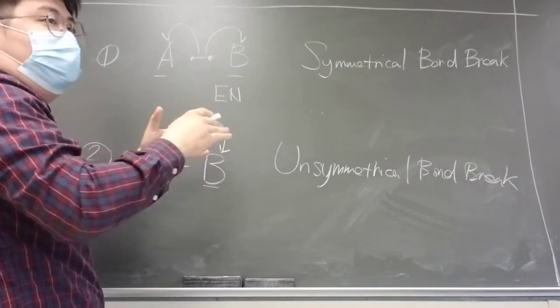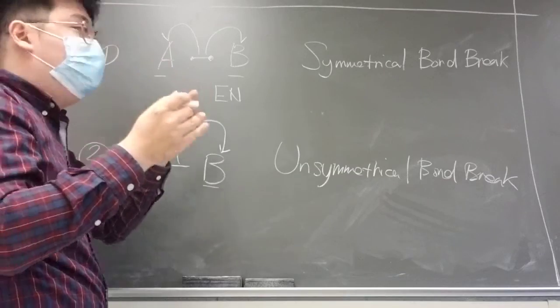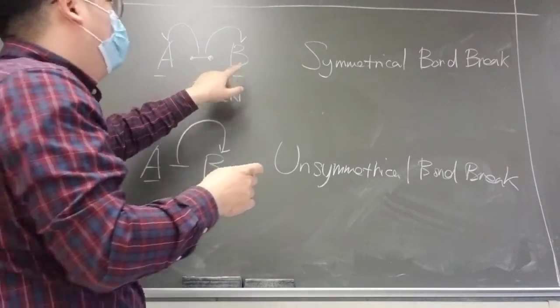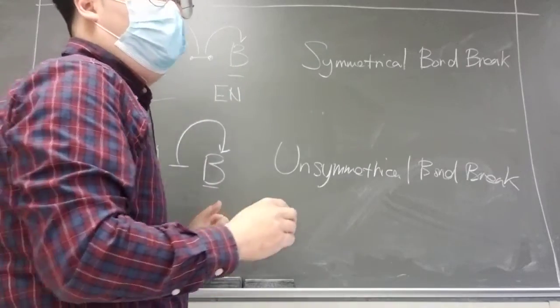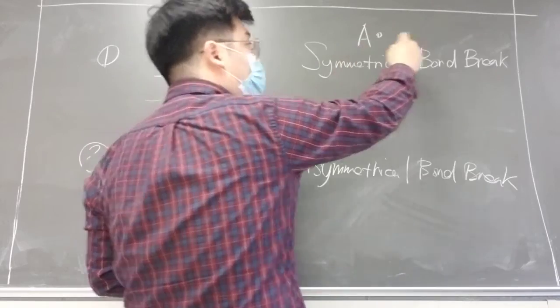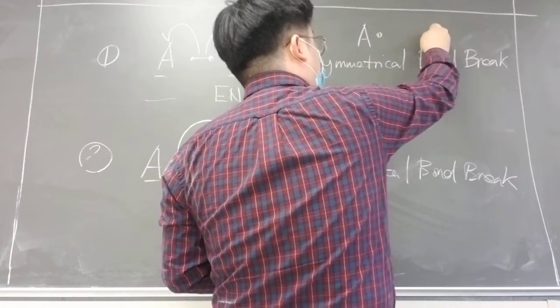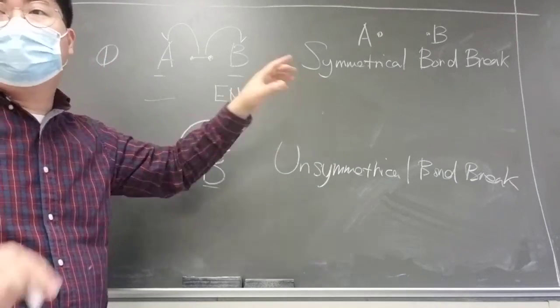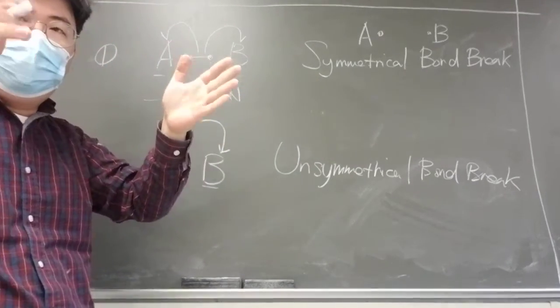So what they do, just do it evenly for each. So one goes on A, the other one goes on B. So when you do this symmetrical bond breaking, you're going to have one electron on A, the other electron on B. So this is what we call symmetrical bond breaking. It's symmetrically just broken in half and evenly.